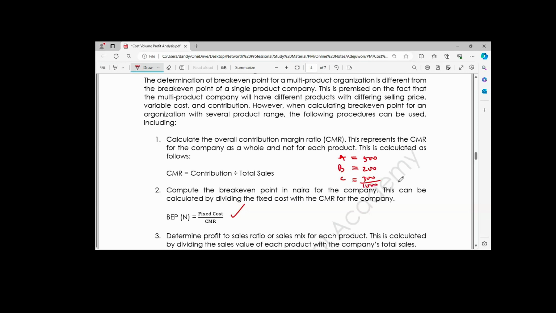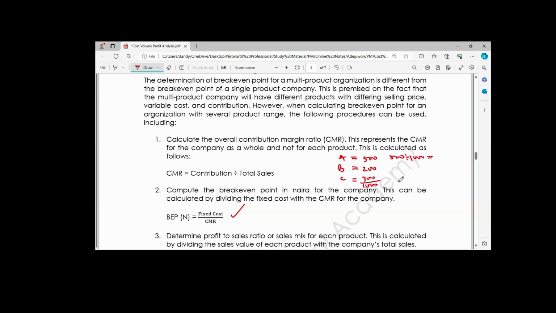Therefore, if I want to calculate sales mix, to get my sales mix for A, sales mix for A will then be 500 divided by total sales of 1,000.